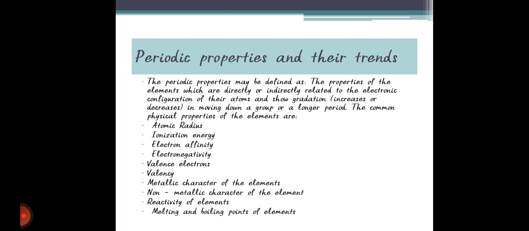Coming to the metallic character of the elements, as we move across a period from left to right in the periodic table, metallic character decreases. As we move from top to bottom in a group, metallic character increases.